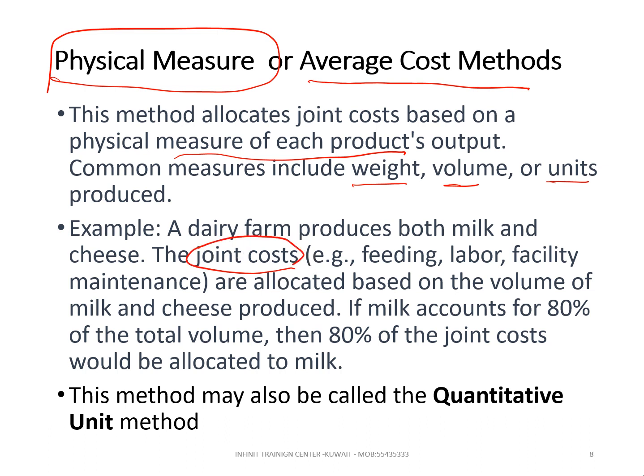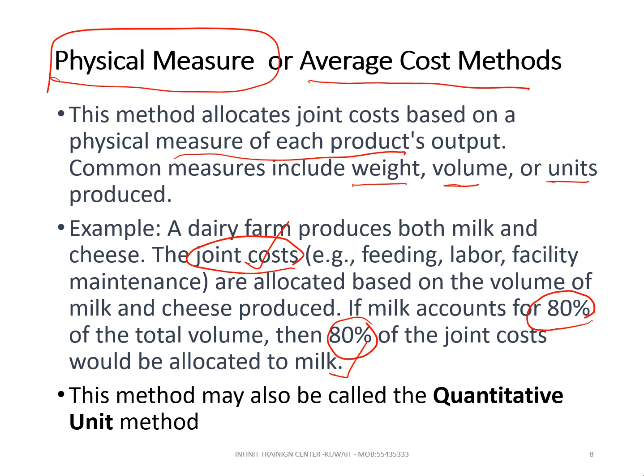And this cost needs to be allocated between milk and cheese. So if the volume of milk is 80% of the total production, then 80% of this joint cost will be allocated to milk.